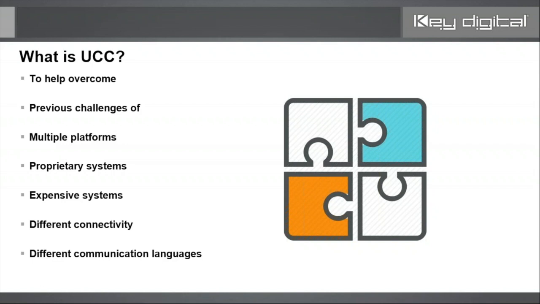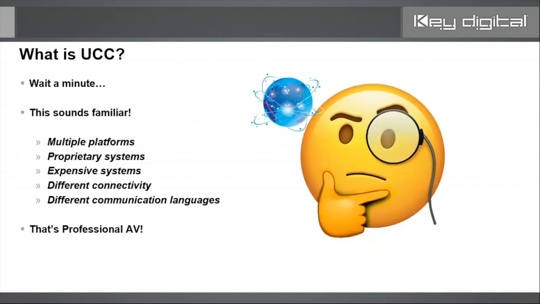To help them overcome the previous challenges of multiple platforms, of proprietary systems and expensive systems, of course, with different connectivity types and all of these different proprietary systems speaking different languages. Wait a minute, this sounds familiar. Expensive, proprietary, different connectivity, different languages.